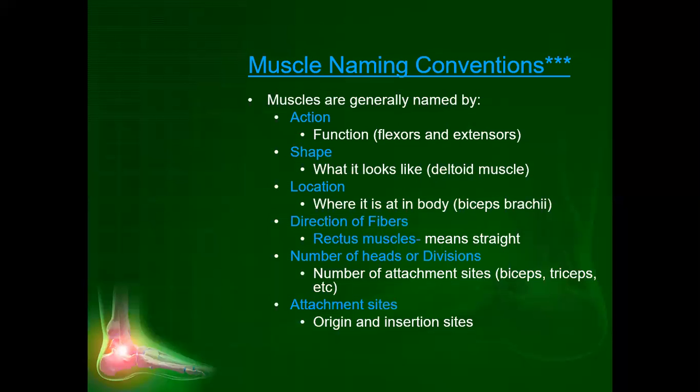Crazy how it all comes together, right? I have a muscle that has the fibers going straight up and down. Straight up and down, the term for that is rectus. So this is my rectus abdominis.